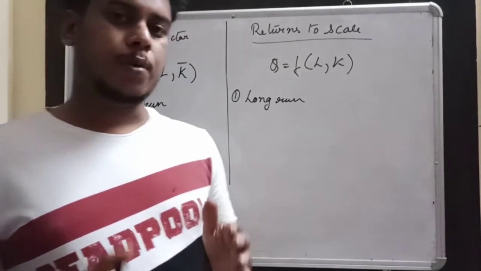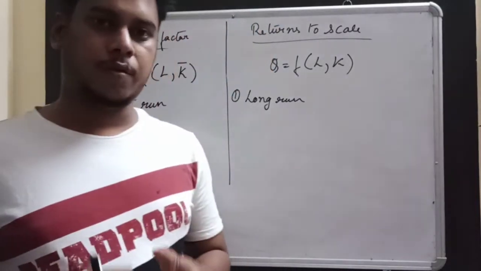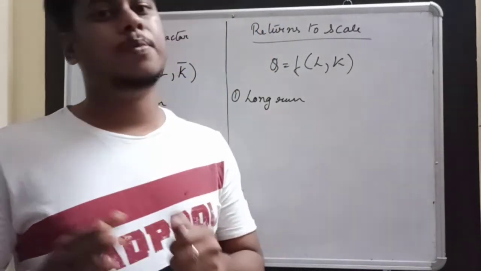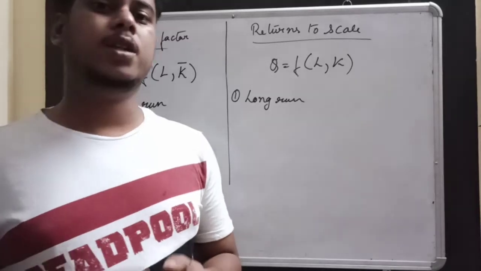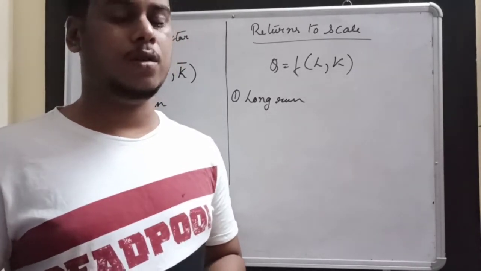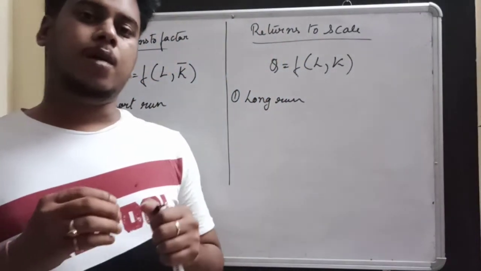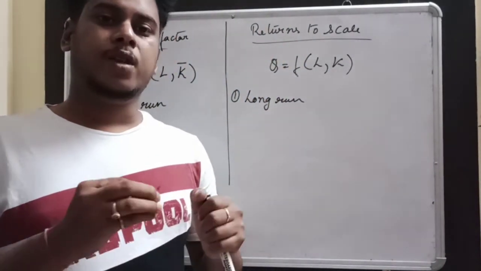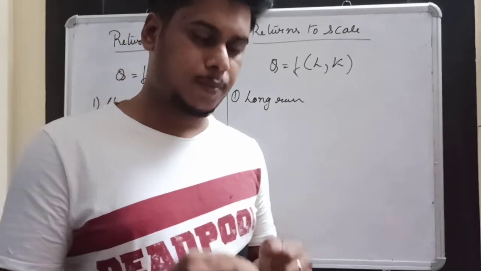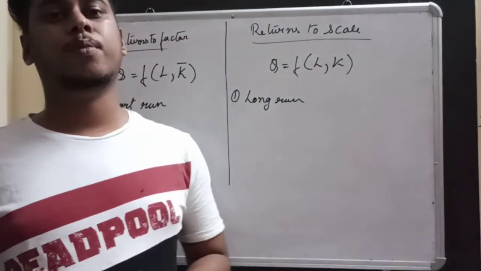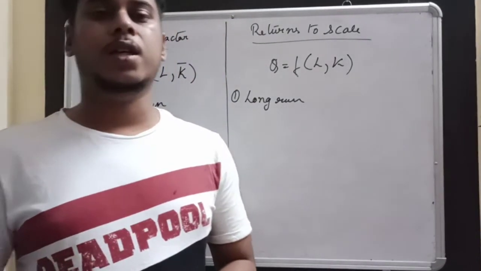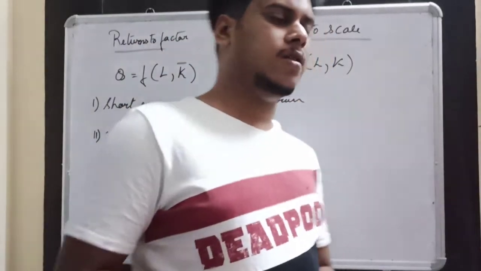Again, if the proportional change in variable input is equal to the proportional change in the output, then it is a case of constant returns to factor. Okay, and if the proportional change in variable input is greater than the proportional change in output, then it is a case of decreasing returns to factor.